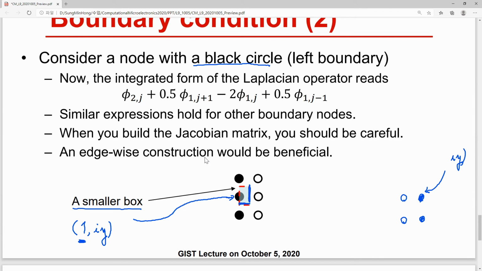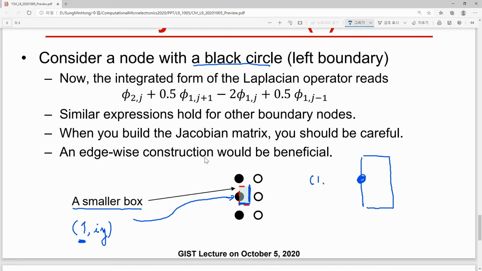Let's do it together. Still, we will have 4 boundary surfaces. So this is a center node corresponding to 1 comma iy, and we have 4 surfaces corresponding to top surface, bottom surface, and right surface and left surface.